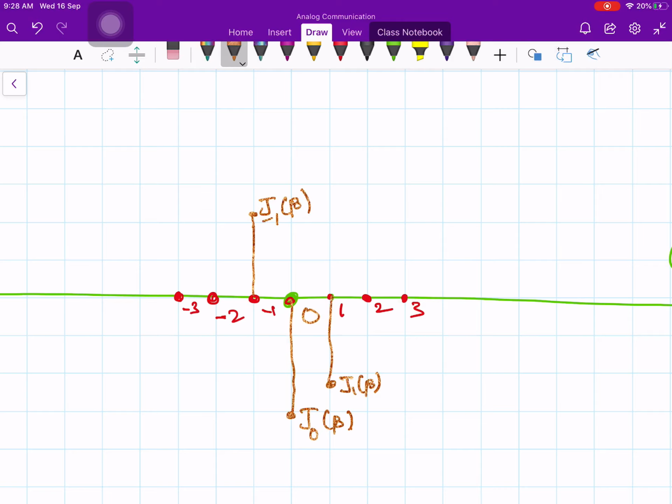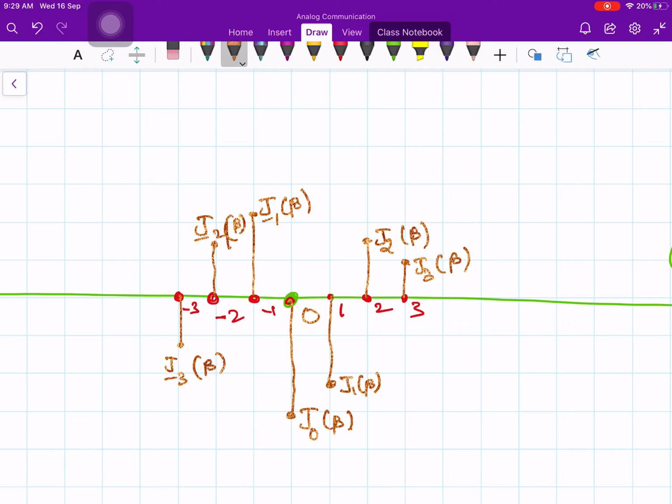At 2 it is J2 of beta, and this one is J minus 2 of beta. Then this is going down, J minus 3 of beta, and this one is positive, J3 of beta, and so on. It keeps on going: J4, J5, J6, and so on.